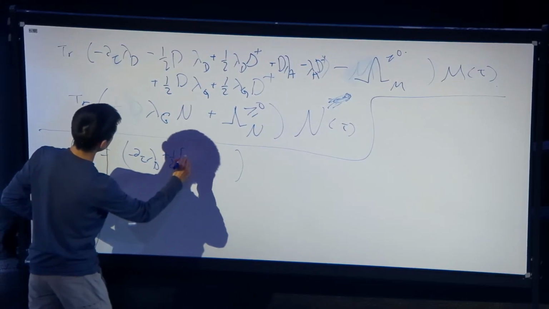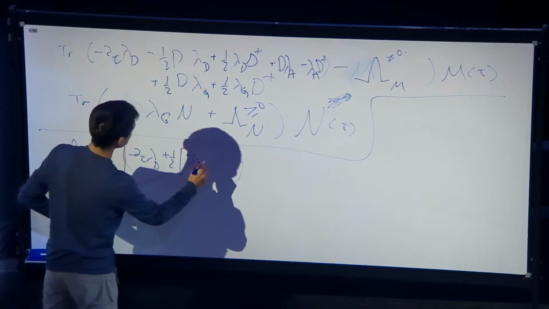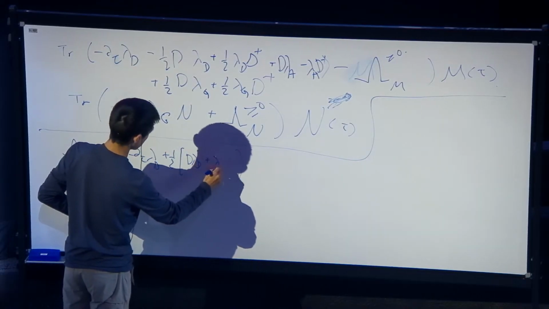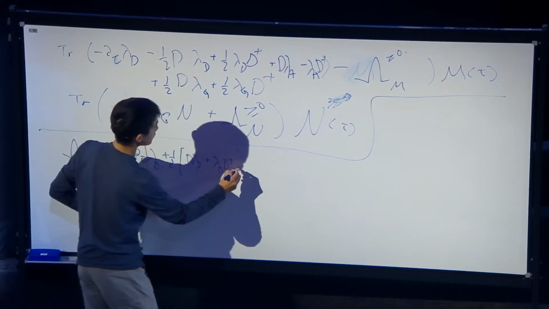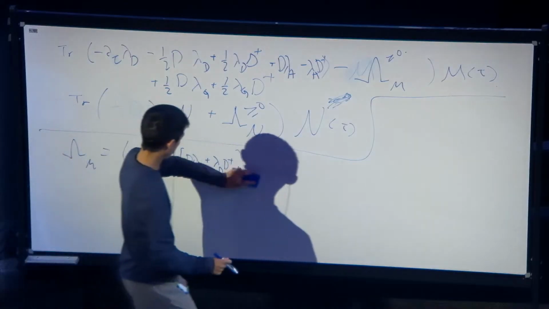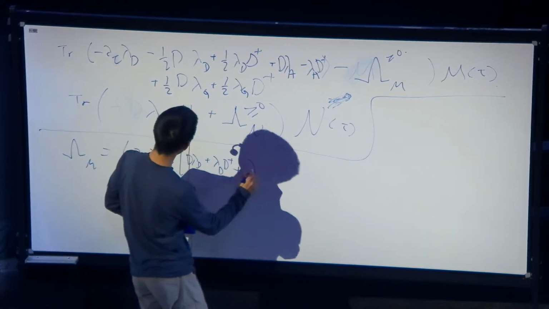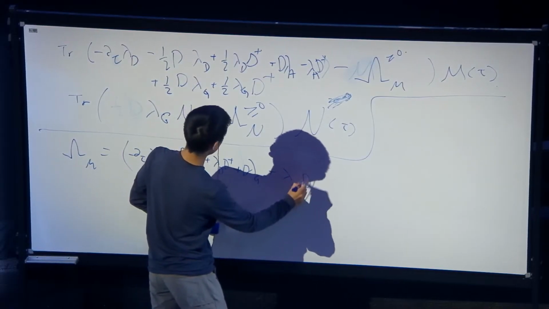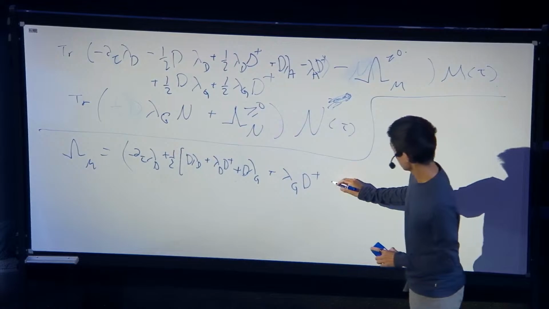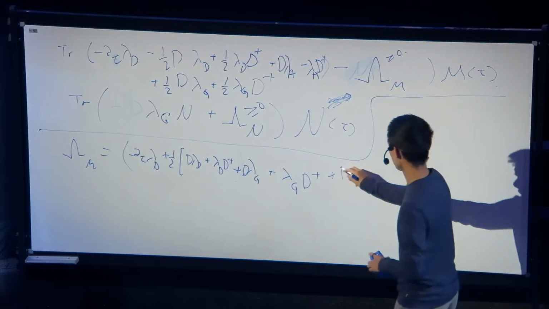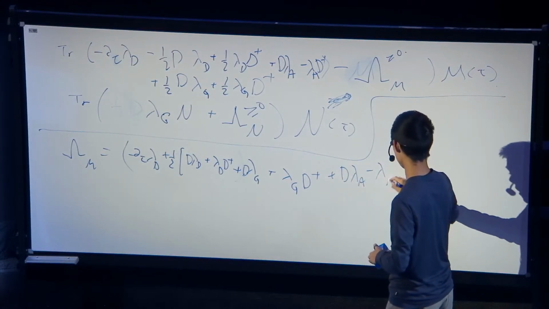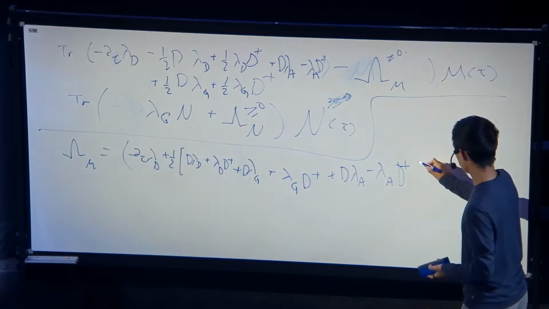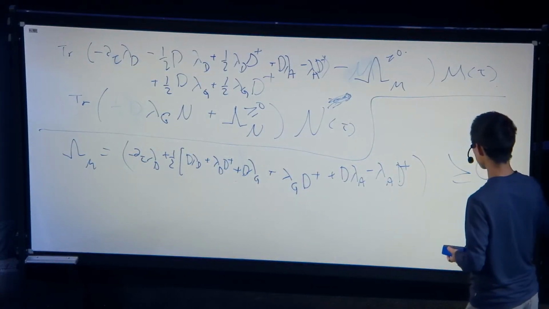Let's collect the terms, and then we also have d lambda a minus lambda a d dagger. So this whole thing is positive semi-definite, right?